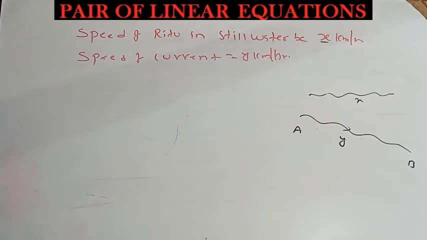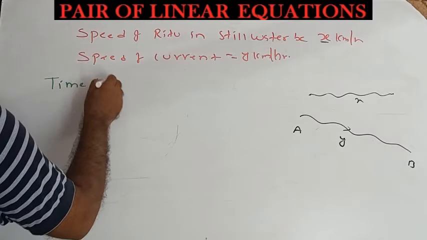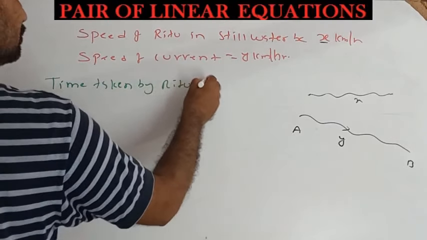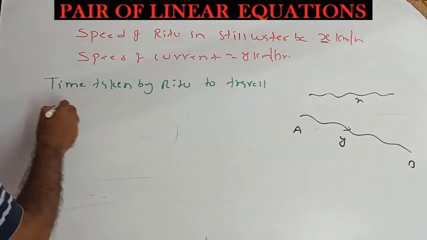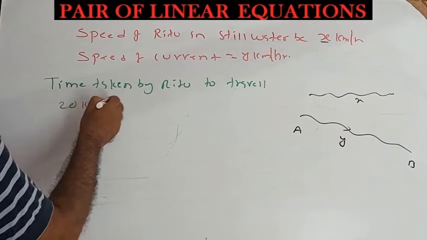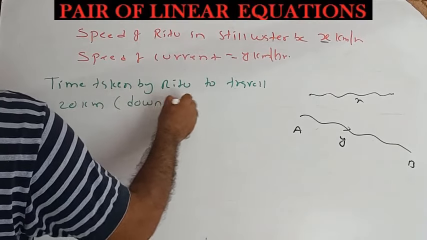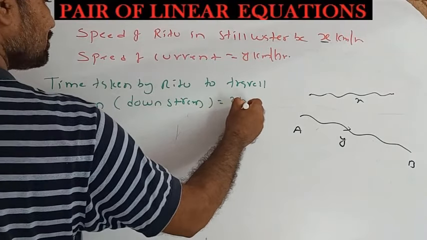So given that Ritu can row 20 kilometers downstream in 2 hours, the time taken by Ritu to travel 20 kilometers downstream is equal to 2 hours.